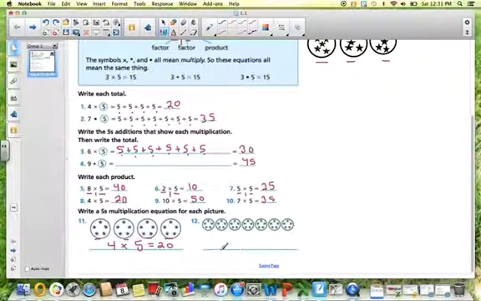Hopefully you counted by 5s to find that answer. Okay, number 12. We have 1, 2, 3, 4, 5, 6, 7. So we have 7 groups of 1, 2, 3, 4, 5, 5 stars in each group, equals 35.